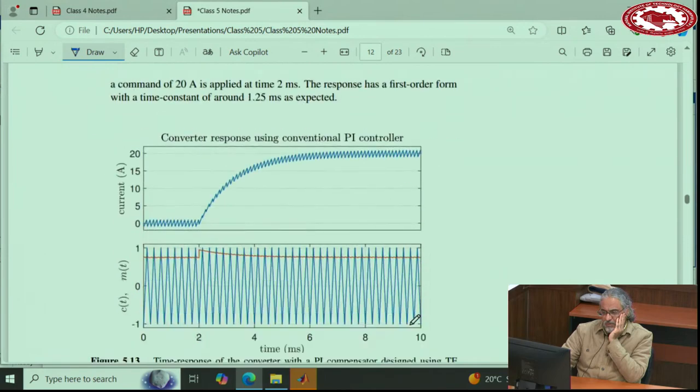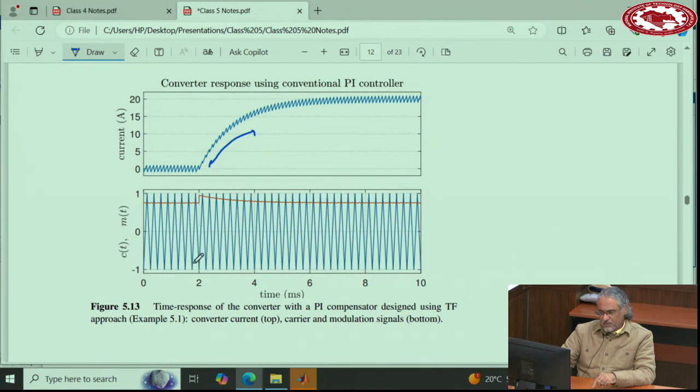So the response is like that, and I will show you the simulation later. When you apply the command, let's say a current command from 0 to 20 amperes, it goes like that, and the time constant, if you look at that, should be 1.25 milliseconds.